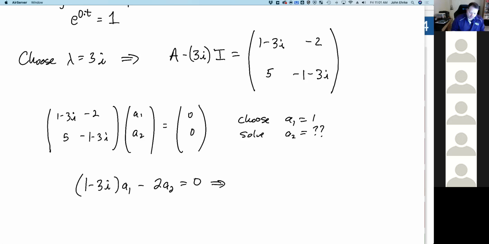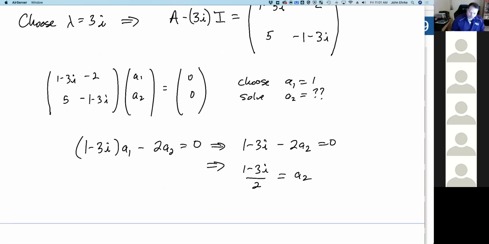So if a1 is 1, that's 1 minus 3i minus 2a2 is 0. So 1 minus 3i divided by 2 is a2, which means that my vector alpha, my complex eigenvector, is 1, 1 minus 3i divided by 2.